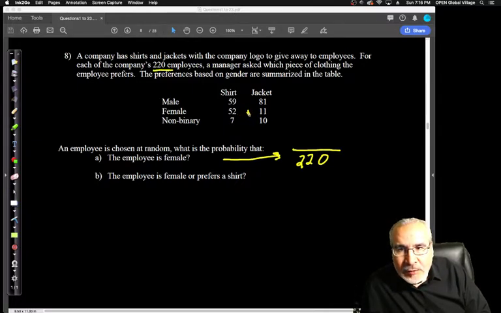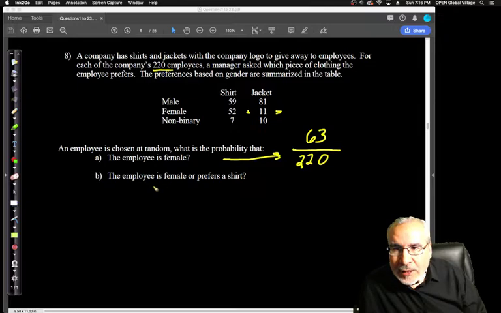If we add those two together, we'll get the total number of females. So that's going to be 63. That's our probability there as a fraction. They don't say how we want it, so we'll also turn it into a decimal. Let me pull up the calculator in a moment. We'll do it all at one time.